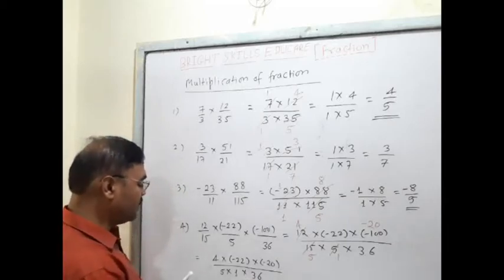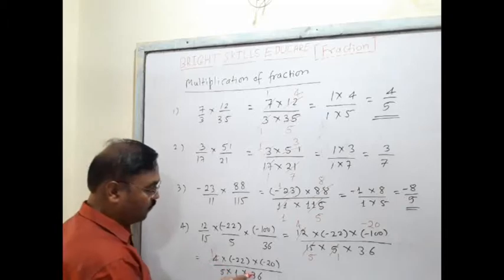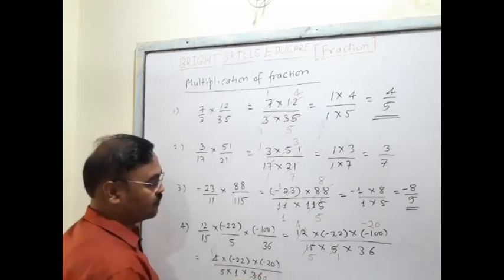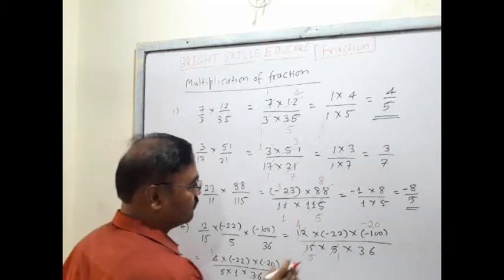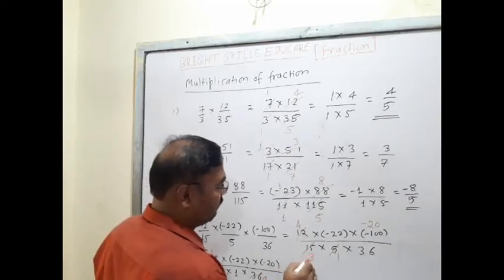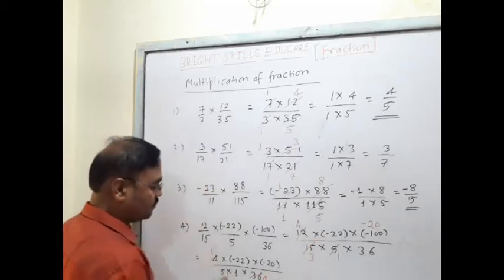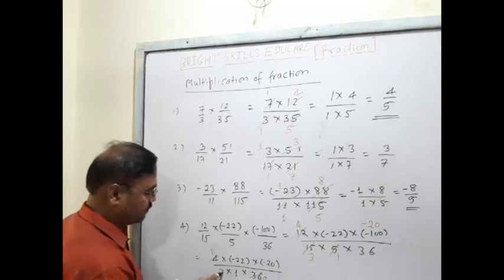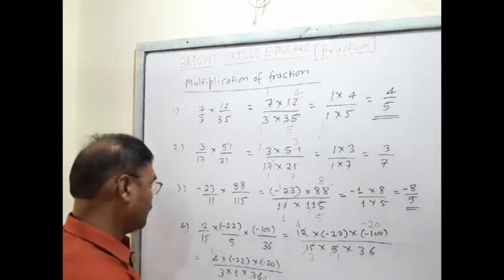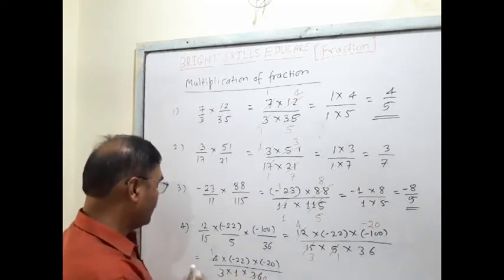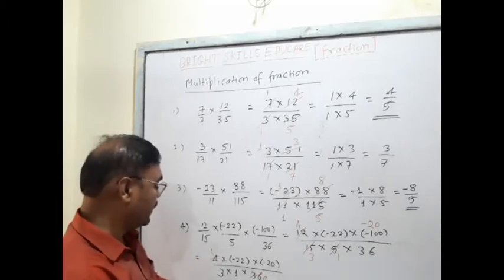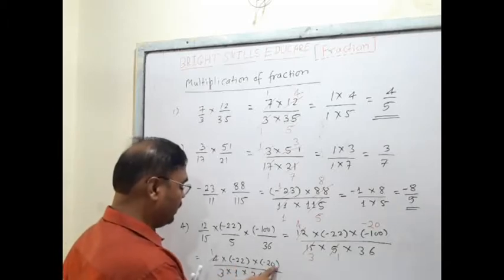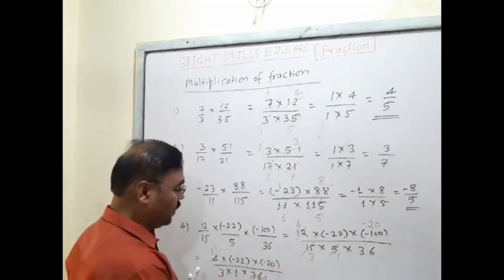Again some cancellation. 4 1s are 4, 4 9s are 36. Here it will be 3, 5 3s are 15. So what has come? Minus 22 into 20 upon 3 into 1 into 9.